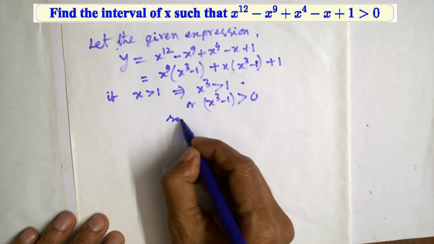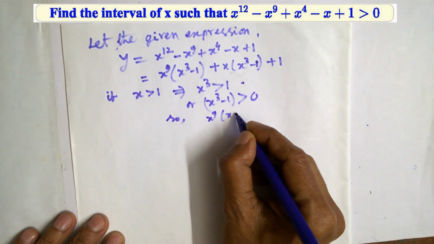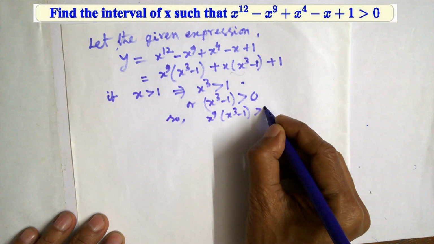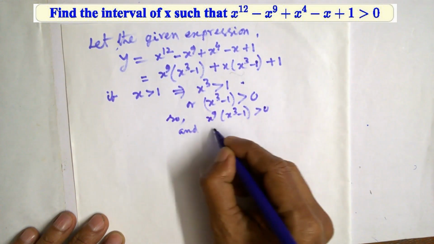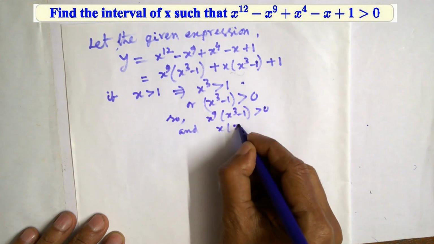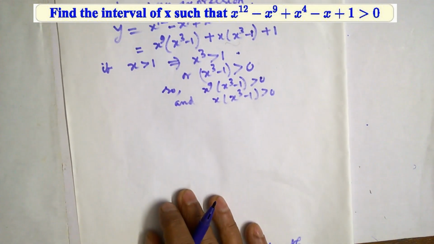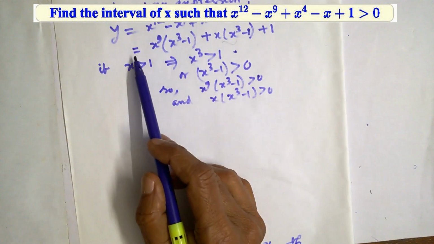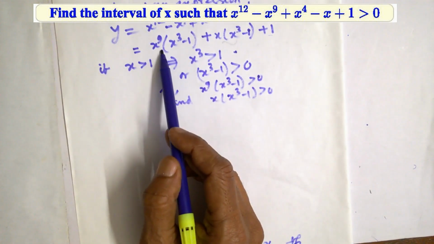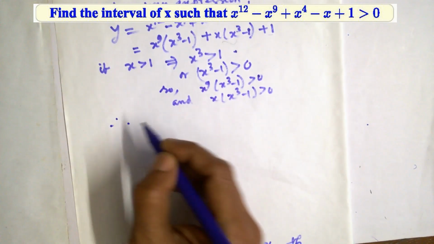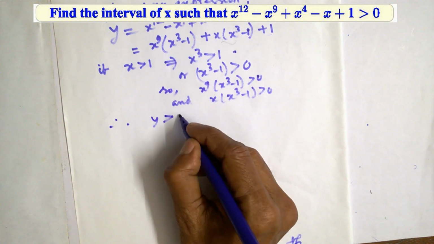So x to the power 9 into x cube minus 1 is greater than 0, and x into x cube minus 1 is greater than 0. So all terms of this expression are greater than 0, therefore we may decide y is greater than 0.